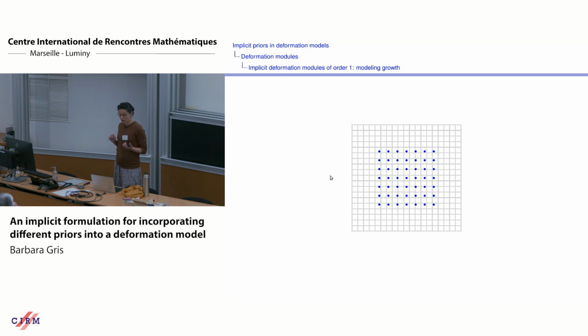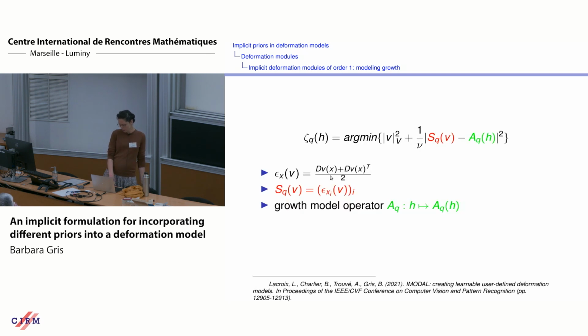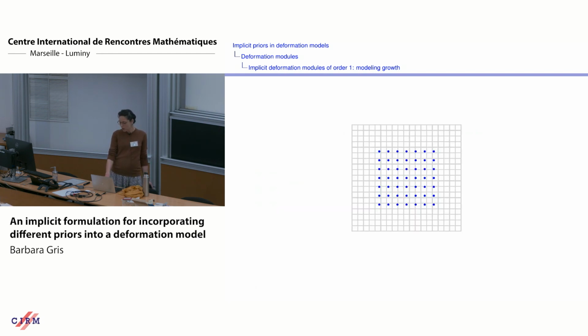Here, I will give some example of vector fields we can build for different growth operators. We always constrain on the grid of the blue points. And the growth model operator here takes value in families of symmetric matrices. So we have one symmetric matrix at each point on which you put constraint.